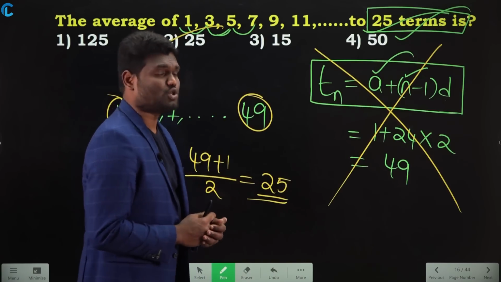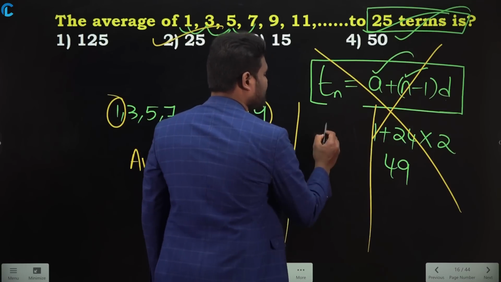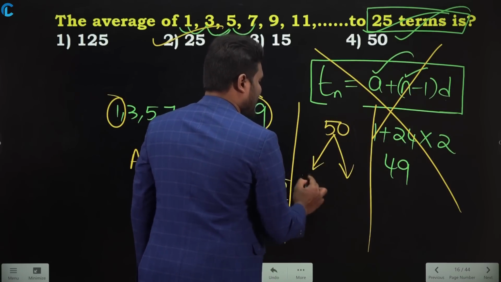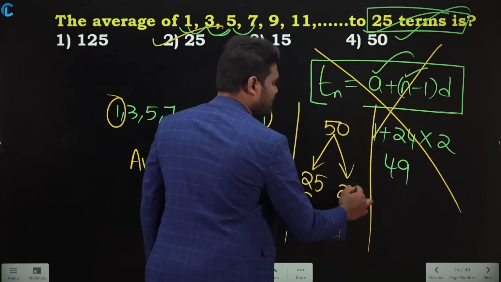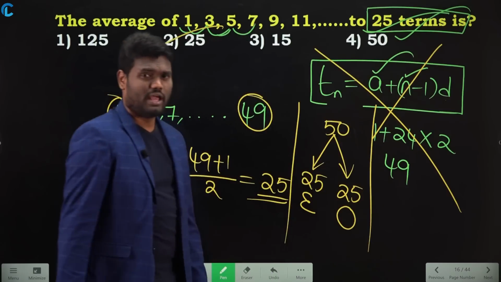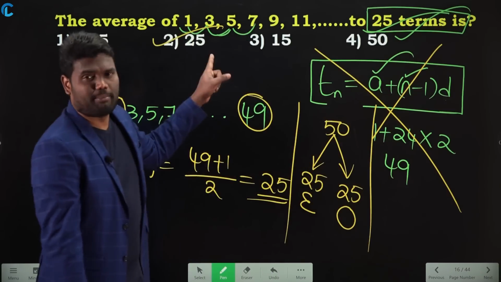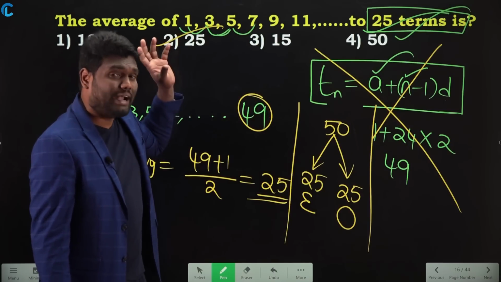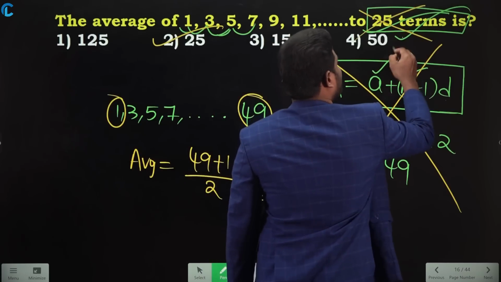As the question is up to 25 terms, if you observe carefully, in the first 50 numbers you will have 25 even numbers and 25 odd numbers, yes or no? Now I need the 25th term for odd numbers, because 1, 3, 5, 7, 9 are all odd numbers. As I need the 25th term, the 25th term is nothing but 49.